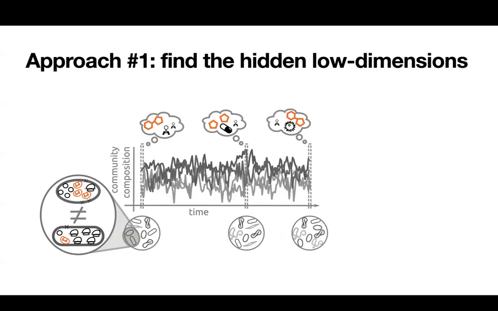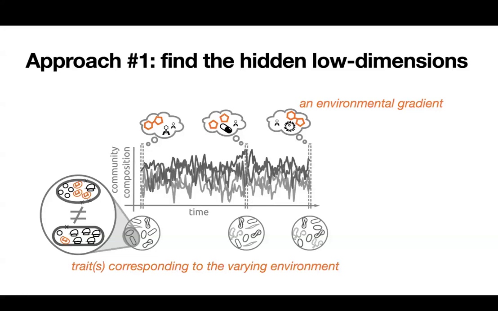And so we can try to find the big environmental gradients which drive a big difference in the corresponding traits, because we harness the correspondence between some big variation of an environmental axis and traits.